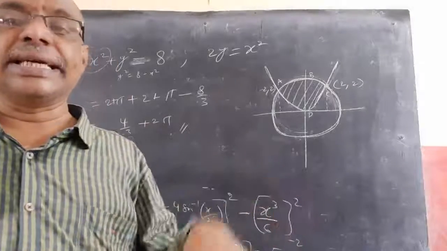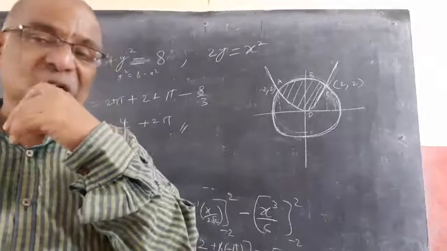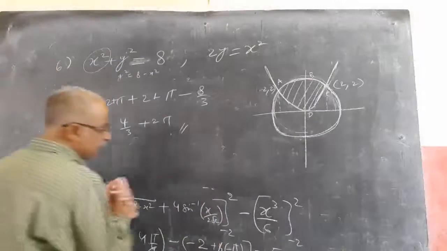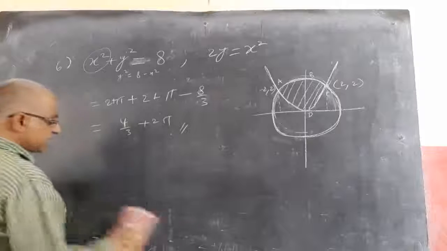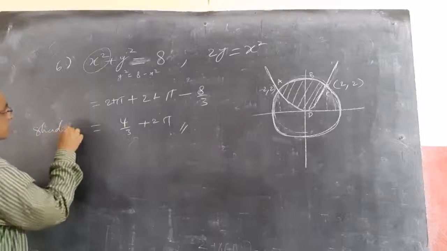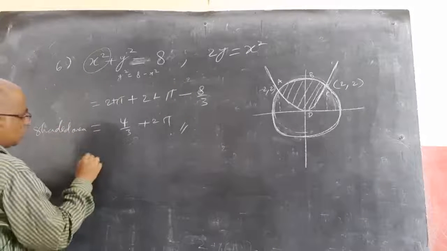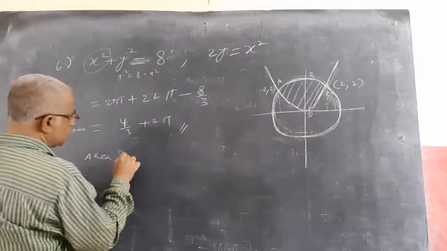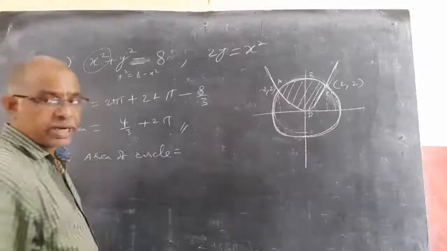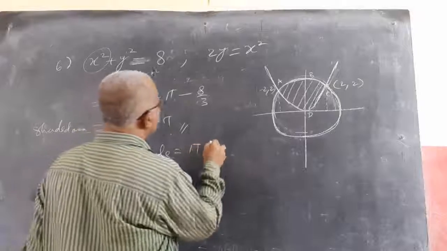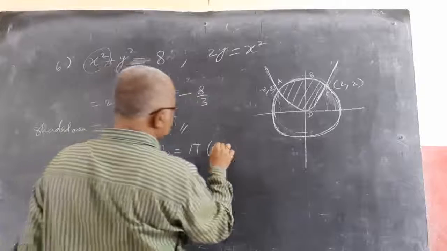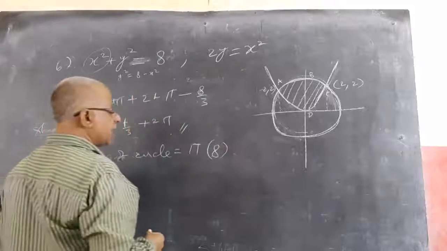Now I need the unshaded area. The unshaded area is the total circle minus this area. So the area of a circle is pi r square. Pi into the radius of the circle, which is 2 root 2, whole square is 8. Pi r square is 8 pi.